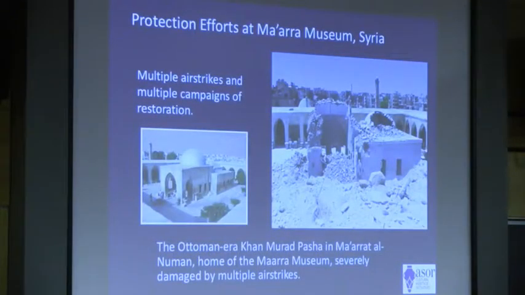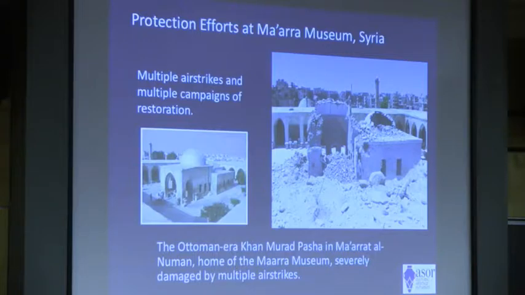So a second part of this project is trying to mitigate some of the damage and prevent some of it from happening. So the areas where the activities have focused have been in areas that were not controlled by the Syrian government, that were not getting the protection of the Syrian government. Because in the areas where the Syrian government is in charge, they had their Department of Antiquities overseeing these.